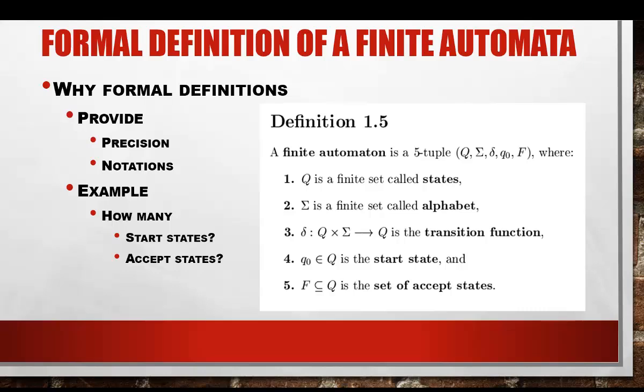If you look at the notation here for a formal definition of a finite automata, which I will explain shortly, you see that it's quite arcane. It's very detailed, and it looks very much like a legal document.